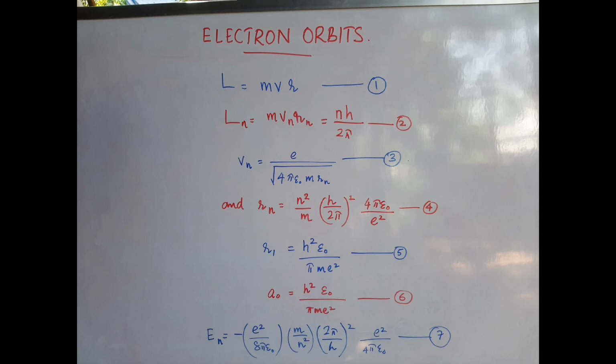The allowed orbits are numbered 1, 2, 3, etc. according to the values of n, which is called the principal quantum number of the orbit.